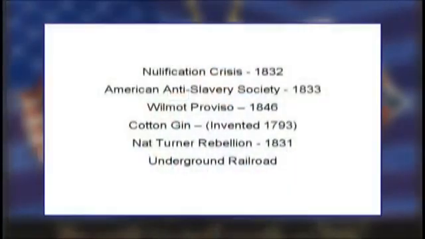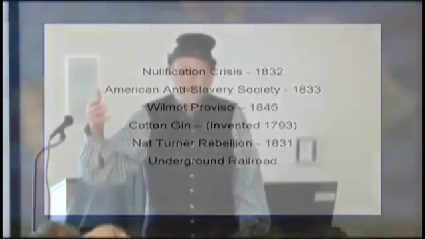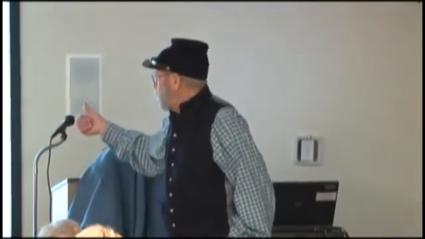The Nat Turner Rebellion back in 1831. Southerners recognized that the Northerners had groups of people who would try to incite slave riots. And Nat Turner back in 1831 in Virginia got a group of slaves together, and they ended up killing 60 Northern whites or Southern whites.